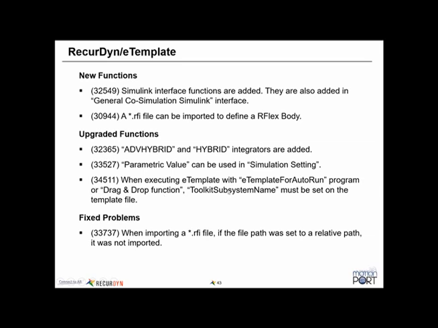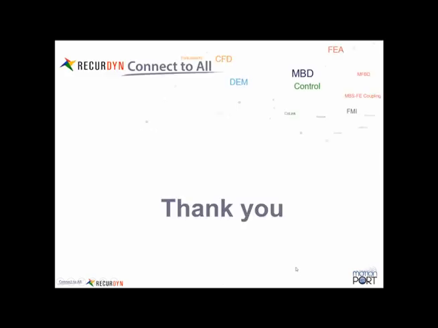So you can now set it to be auto running within a certain subsystem name. That has to be set in the template file. And then a problem was fixed when you import an RFI file. If the file path was a local path, then it wasn't imported, but that's been fixed now. So that's the template enhancements.